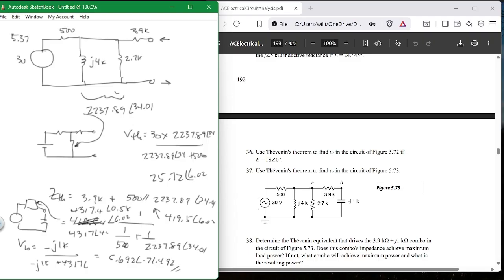We'll talk about more of these problems in chapter 5, the Thevenin and Norton. But we'll get you a practice test probably on Thursday, which you can work over the weekend. And we'll come back the following week 7, and we'll work through it together.